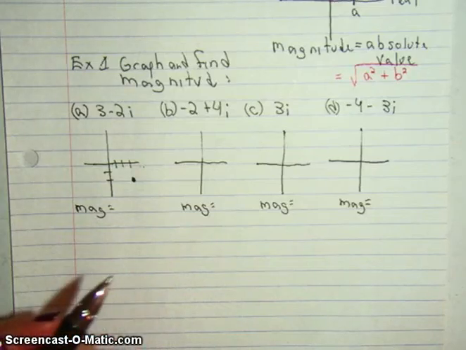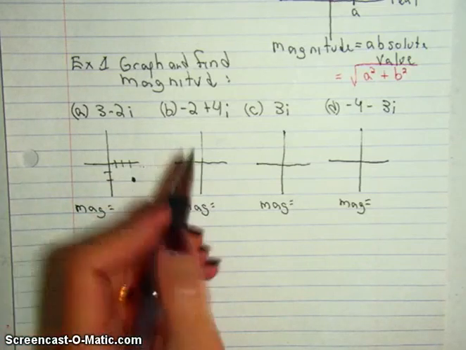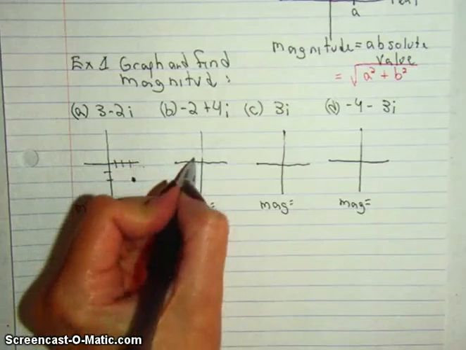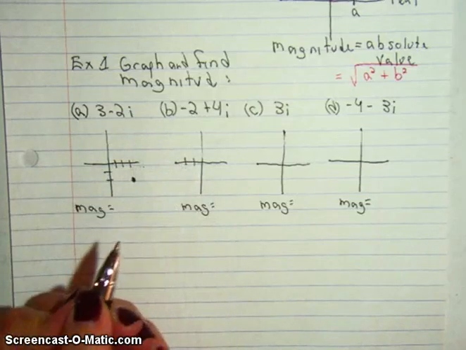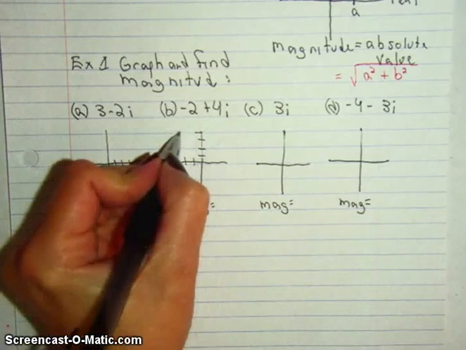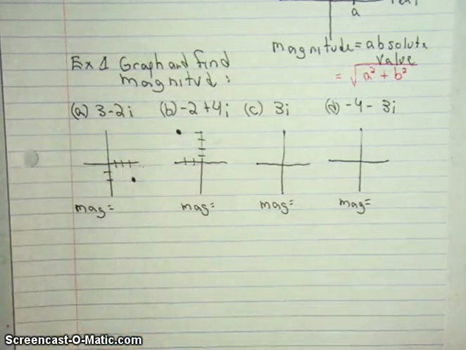Let's go to Joel. Letter B. How do you want me to graph this? Go 2 ticks left. Good? And then 4 ticks up. Good. And there's the complex number, negative 2 plus 4i. Very good.